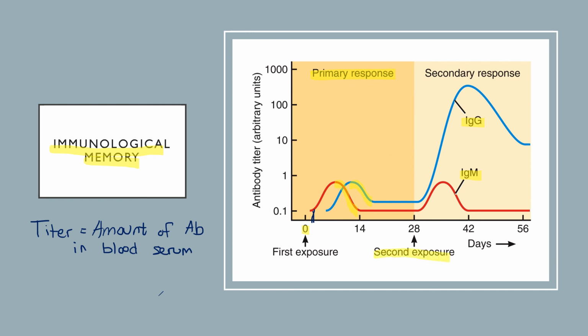So if here we get a second exposure, we're going to get a much more accelerated and more intense response, much higher antibody titer than our first exposure. So this more intense response is called a secondary response.